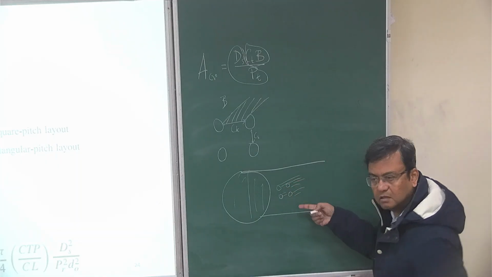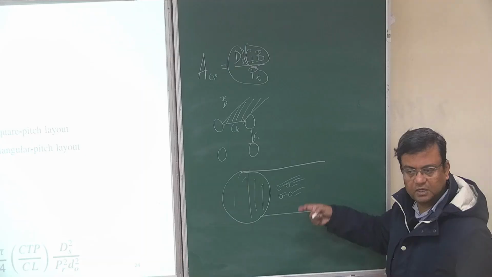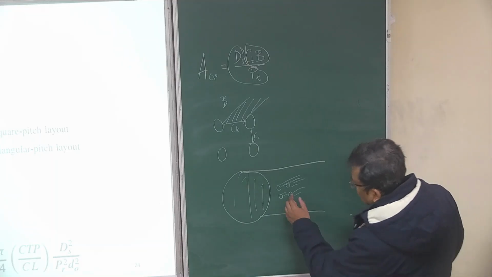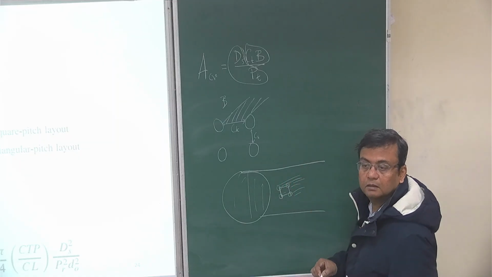This pattern is repeated. This is the tube layout pattern. This is repeated multiple times to give you the total arrangement, right? So this whole thing is PT squared.